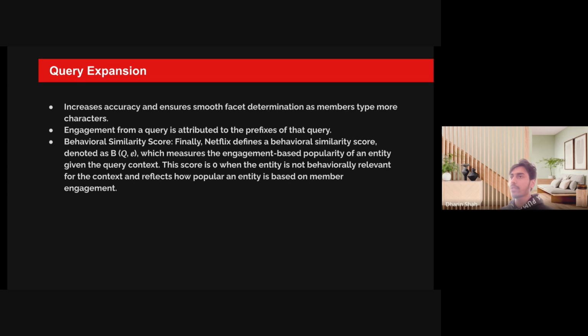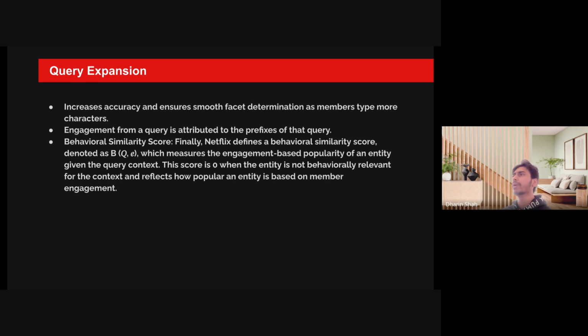So you can see all of this is attributed back to the query. An engagement score from this is attributed back to the query "anim". So whenever you type in "anim" and there is a relevant result that you've engaged with, that is attributed back to the query that was typed, which is "anim", to increase the accuracy and ensure smooth facet determination as members, or customers of Netflix, type more characters, right?